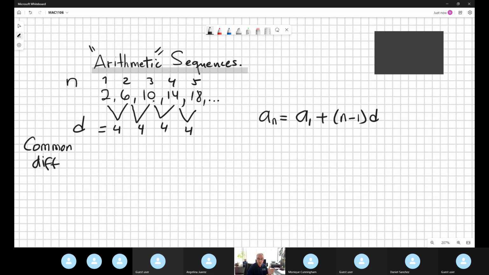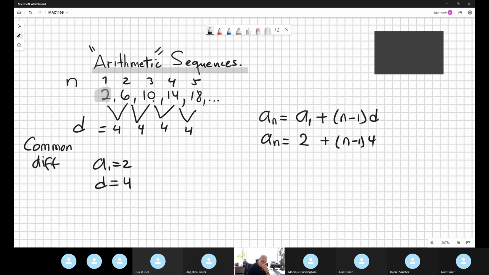In our specific example, a sub n is 2, because a1 is 2, the first, and d is 4. So now you replace: plus parenthesis n minus 1 multiplication by 4. n is the position in the sequence.